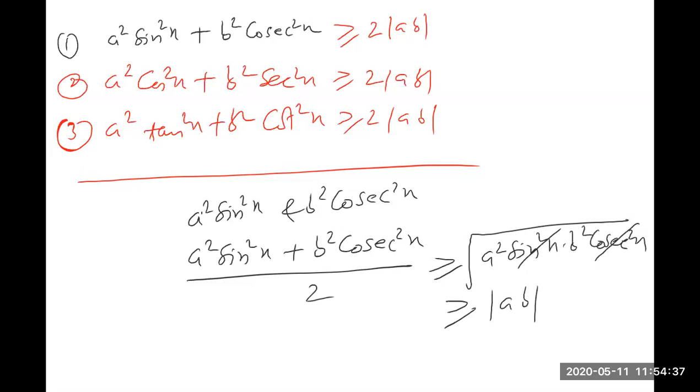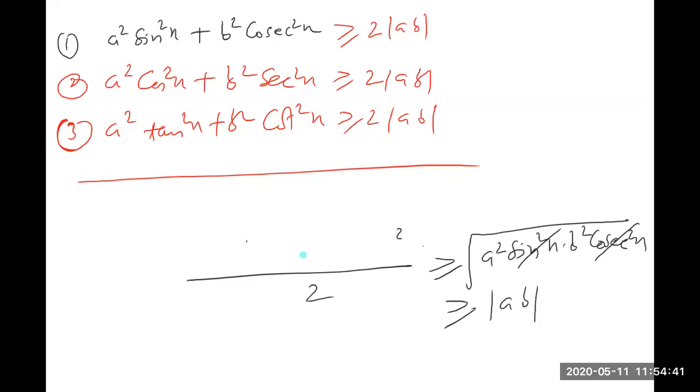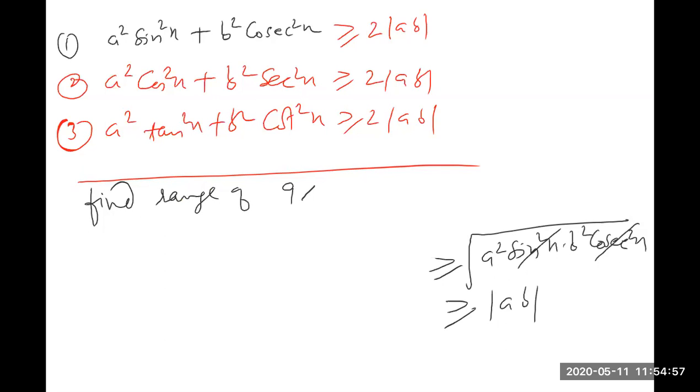So based on this concept, last question I'm asking. Greater than or equal to 2ab, they can go up to infinity. So find the range of 9 sin square x plus 16 cosec square x. This is the question.